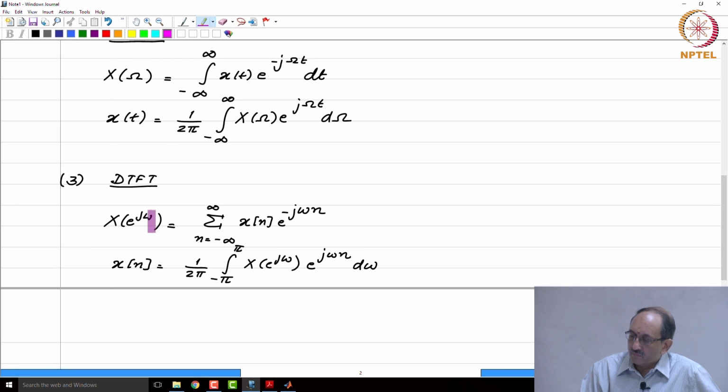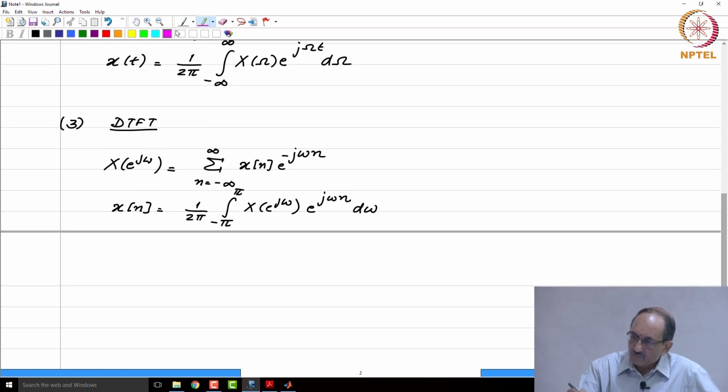Neither can the transform X of e^{j omega} be represented on a machine because this is a continuous variable, nor the sequence, even though it is discrete, since you have an infinite number of them. Therefore, this is not amenable to machine representation.